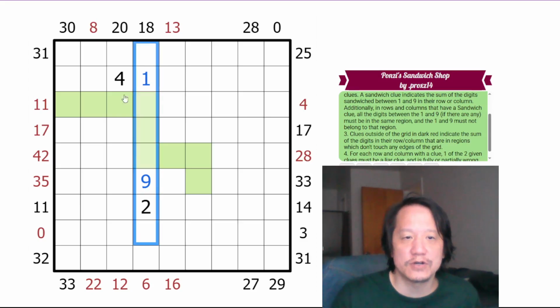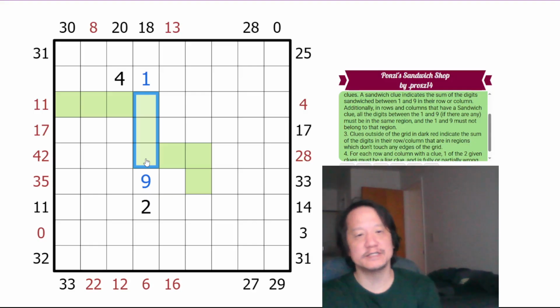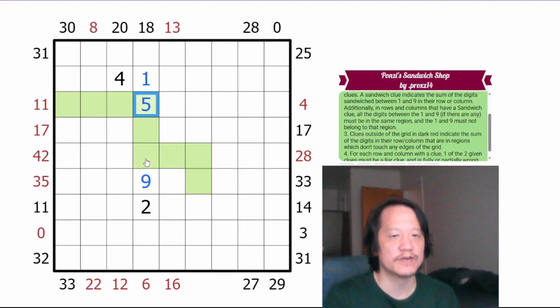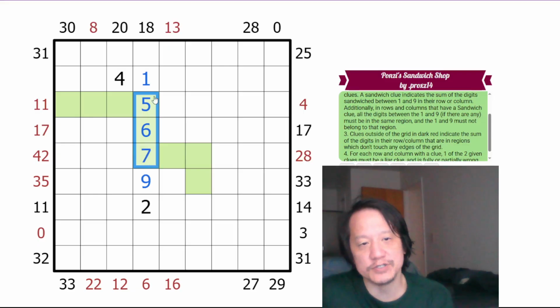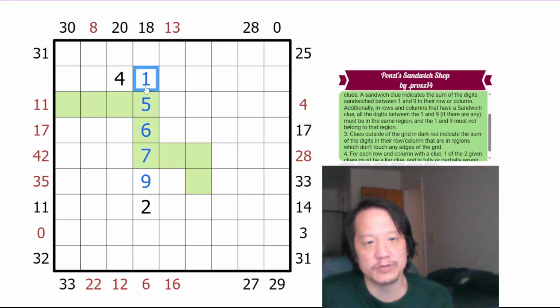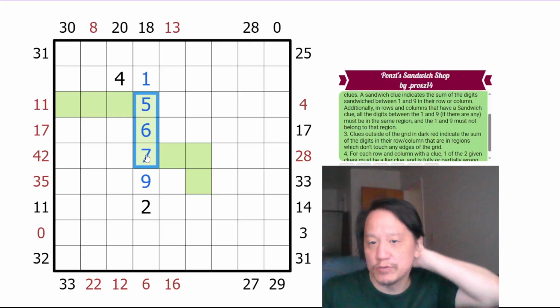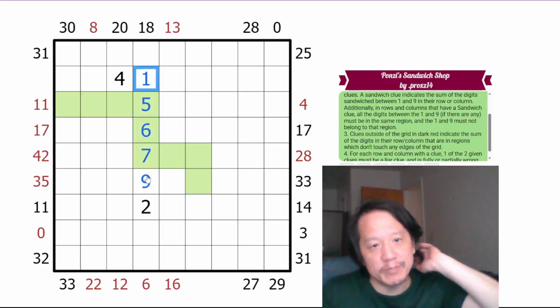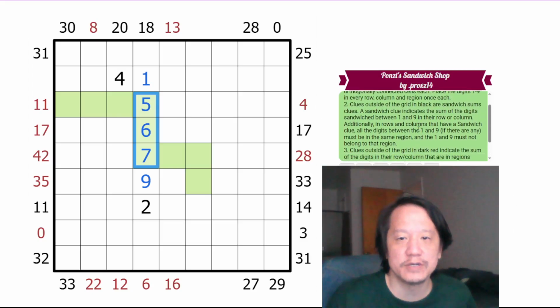And this is a black clue outside the grid. So that means it's a sandwich clue, which means between the 1 and 9 must be digits that add up to 18. And we could have something like 5, 6, and 7 here. And that would be valid because these 3 digits between the 1 and 9 add up to 18. And they all belong to the same region. And the 1 and 9 do not belong to that region. So that's an example of how these sandwich sum clues work.